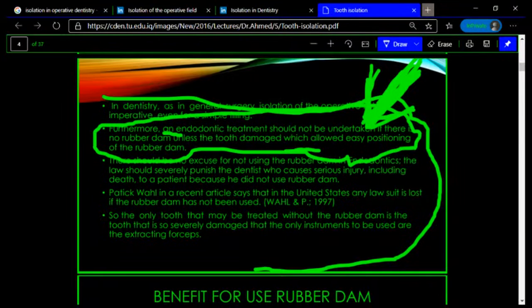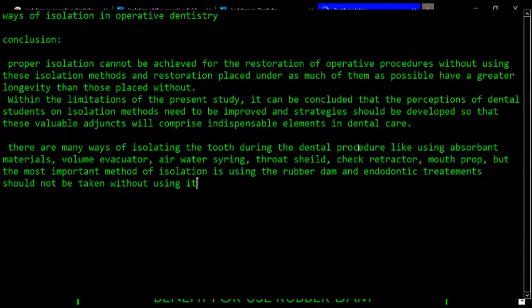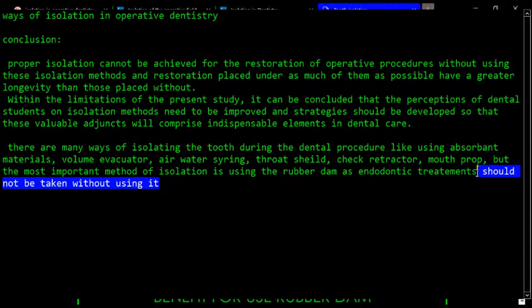Let's try this correctly. But the most important method of isolation is using rubber dam, as endodontic treatments should not be taken without using it.